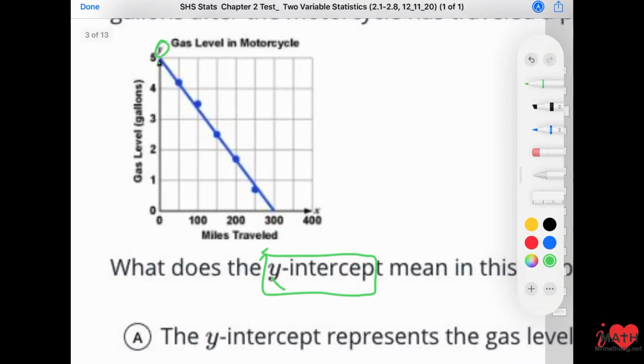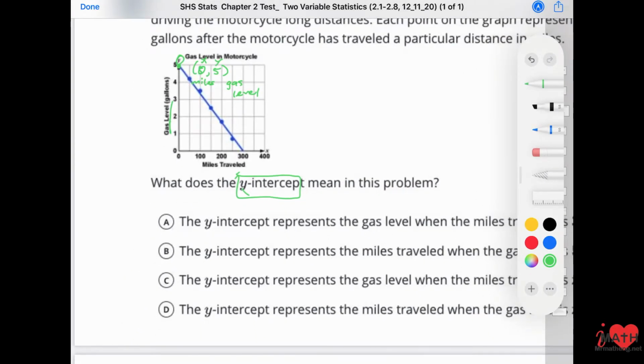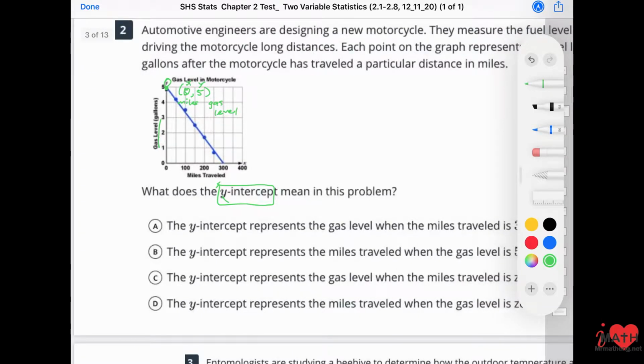So there's the y-axis, so it's that ordered pair, which would be 0, 5. X represents the miles traveled, and the y represents the gas level. So before you've traveled 0 miles, you should have 5 gallons of gas there.